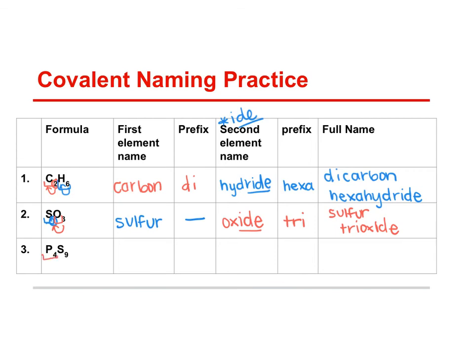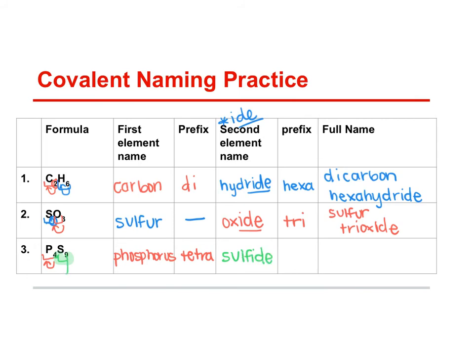So our first element is P, which is phosphorus. And there are 4 of those. So that's going to be a prefix tetra. Okay. And then sulfur, sulfur becomes sulfide.